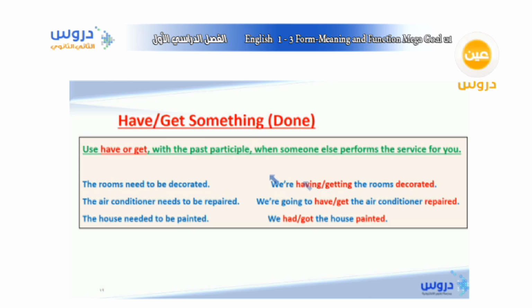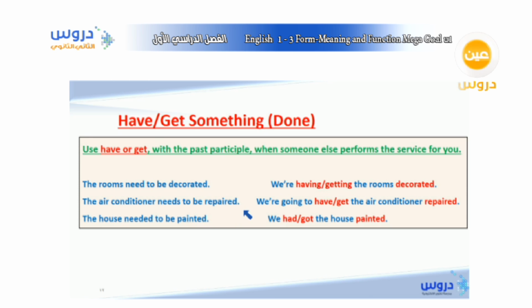We need someone to decorate the rooms. We say, we are having or we are getting the rooms decorated. Who decorated it? We don't know, or we don't want to mention. We have it decorated, that's it.